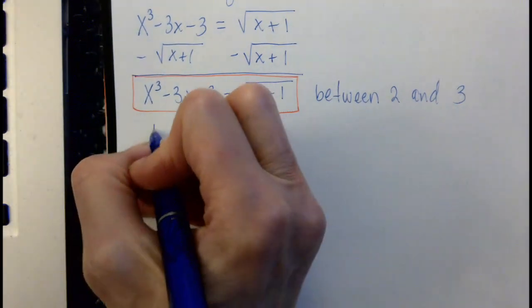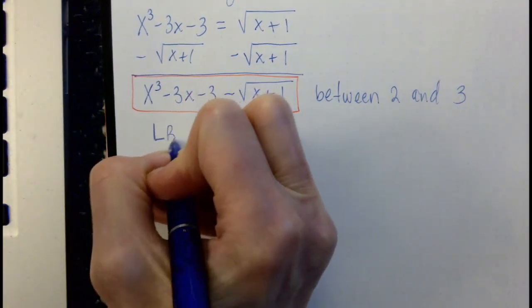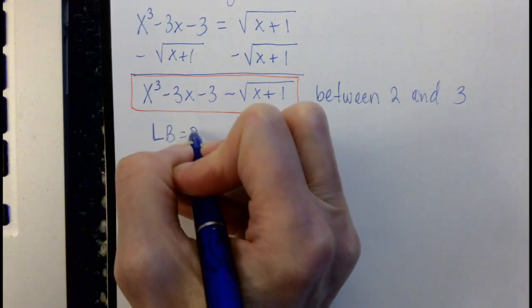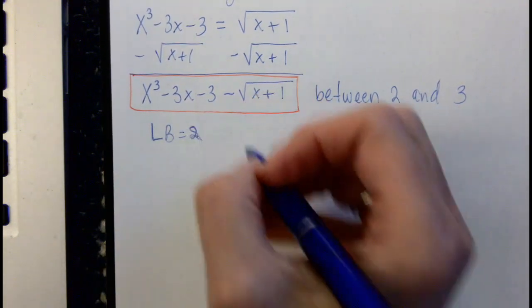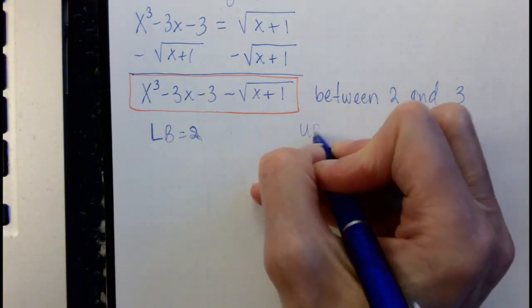So what that means is that our lower bound, which I'm going to abbreviate as LB, is 2, and our upper bound is going to be 3.